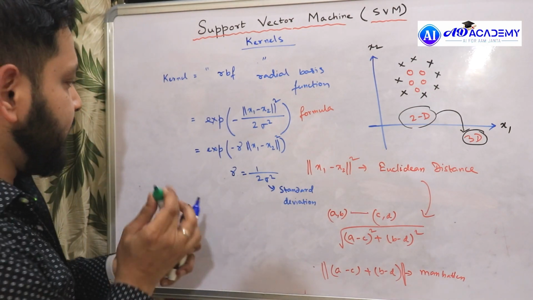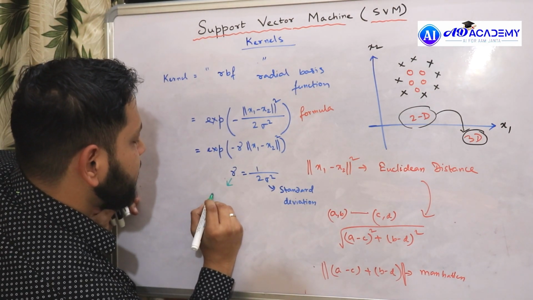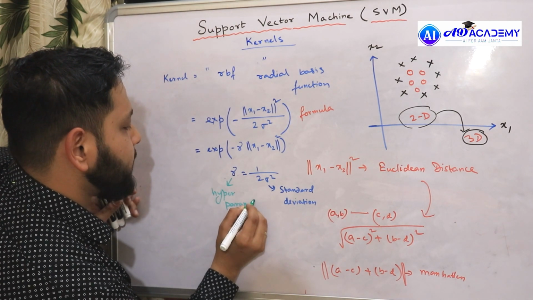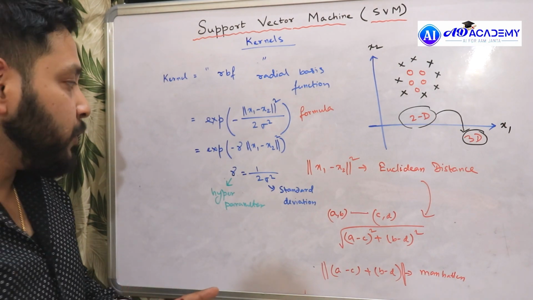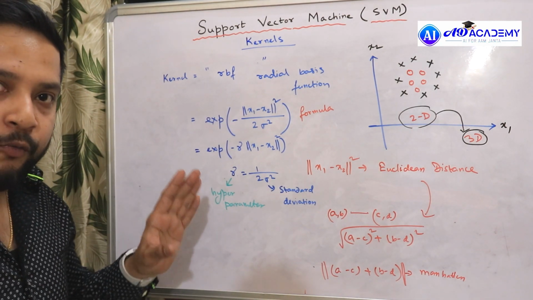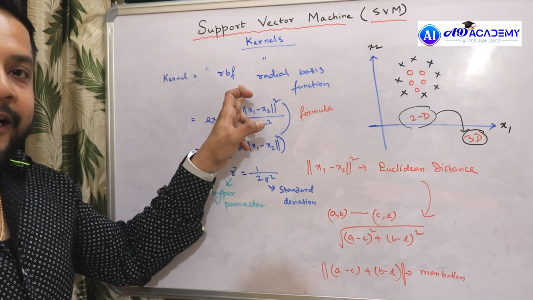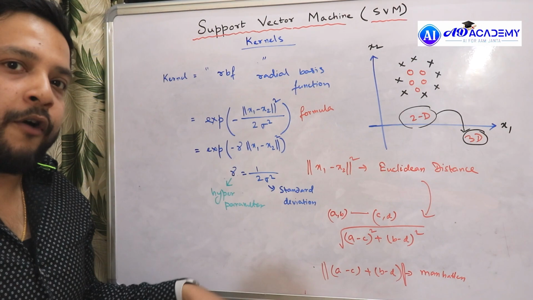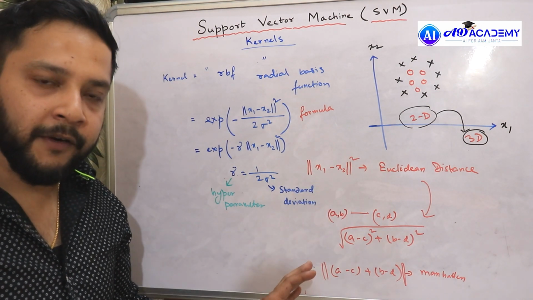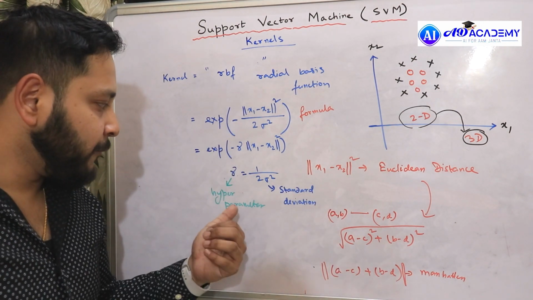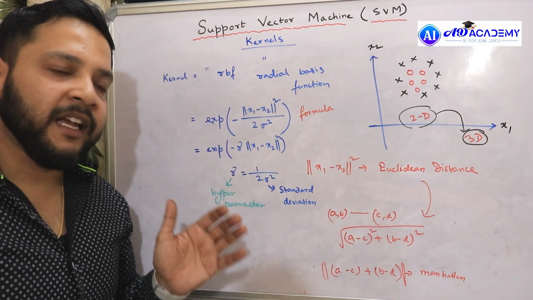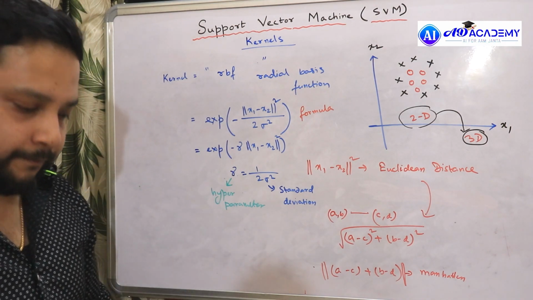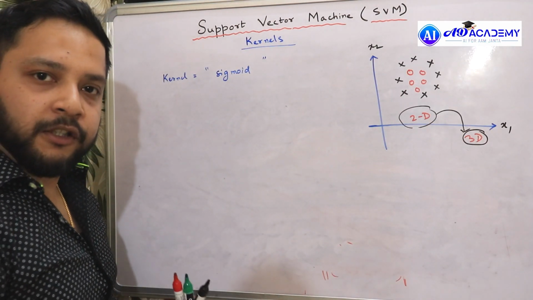So in this case, gamma is a hyperparameter. We need to tune this value of gamma so that we get a very good radial basis function or RBF for a particular set of data. We need to tune it for different data sets. It will be different because the hyperplane will be different. So we have to tune this value of gamma so that we can get a suitable RBF to classify different points. Okay. There is one more kernel function which is sigmoid.